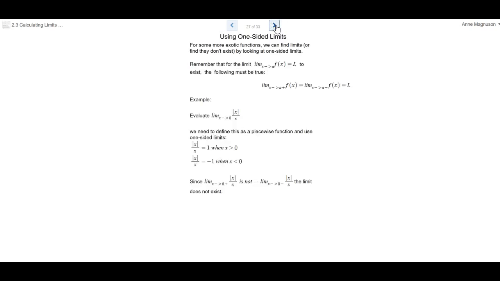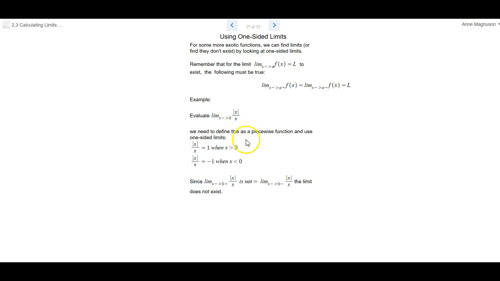Another tactic, if we have more exotic functions, if we don't have just a polynomial or rational function, is to look at one-sided limits. An example might be this function: the limit as x approaches 0 of the absolute value of x over x. That's not a polynomial, it's not rational, and I don't have any limit laws about absolute values.